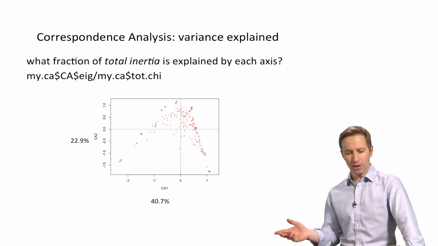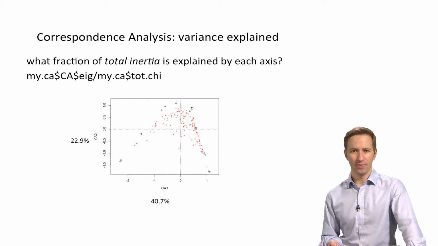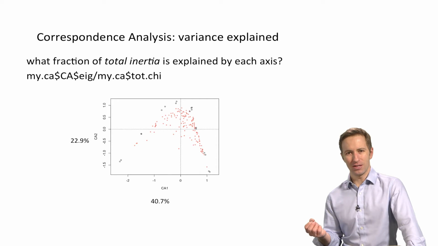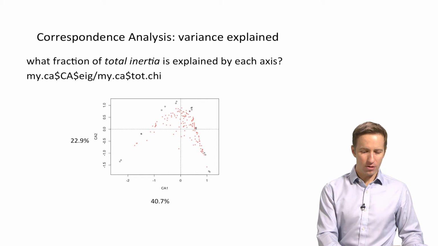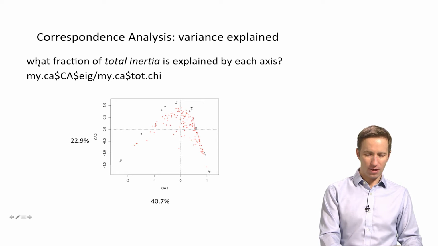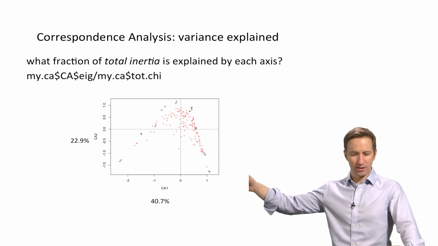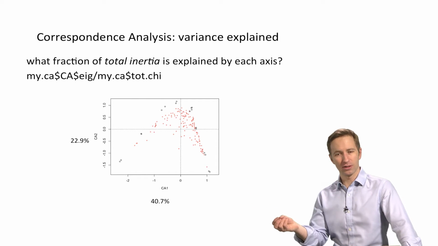When you run correspondence analysis, the easiest way to do this is in the vegan package in R. And we've already used it. If you look at the code browser for the chi-square beta diversity, we actually used correspondence analysis to get the chi-square ordination out. And when you do it, you end up with this object, which I've called my.ca, so it's my correspondence analysis result.